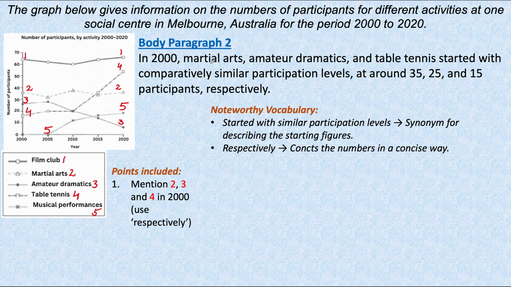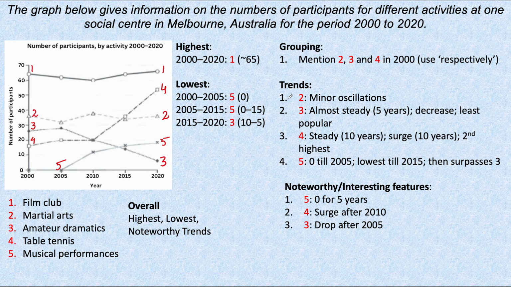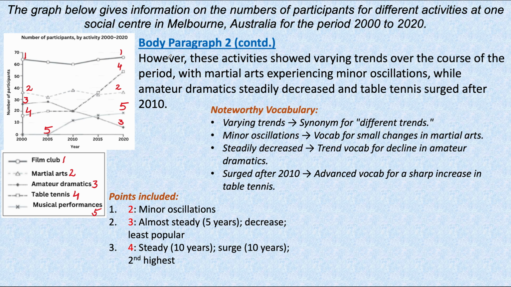In 2000, martial arts, amateur dramatics, and table tennis started with comparatively similar participation levels at around 35, 25, and 15 participants, respectively. Now I'll mention the trends of these different categories.